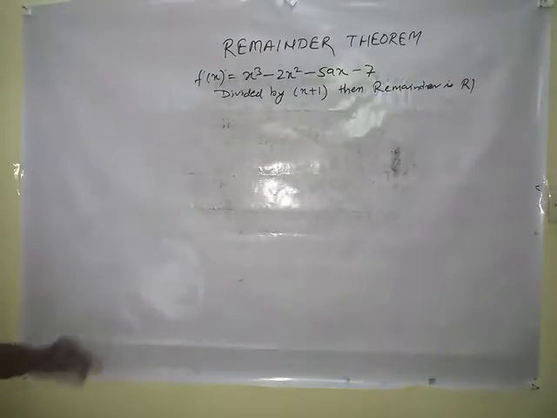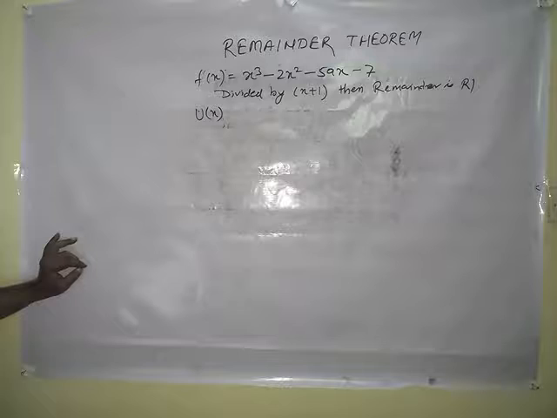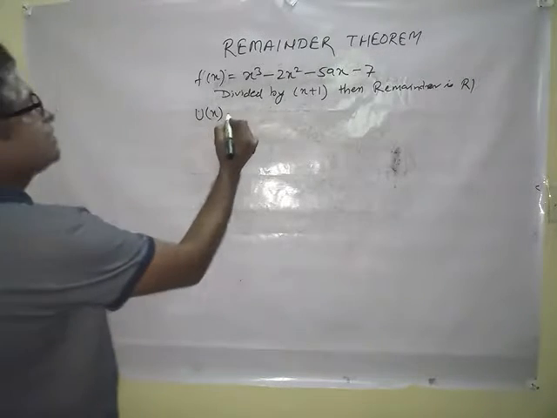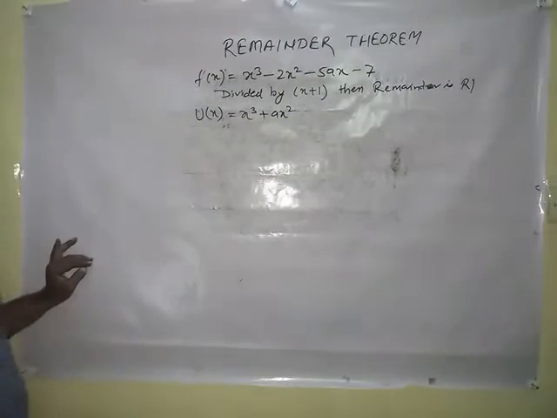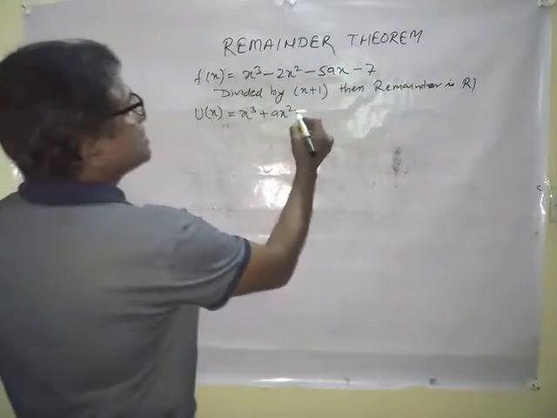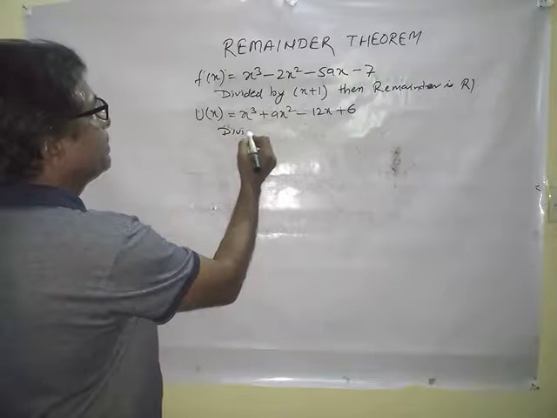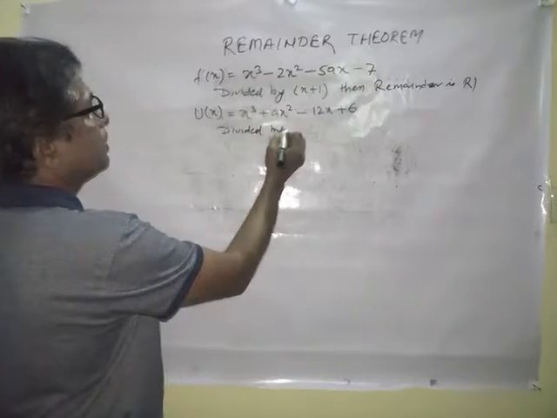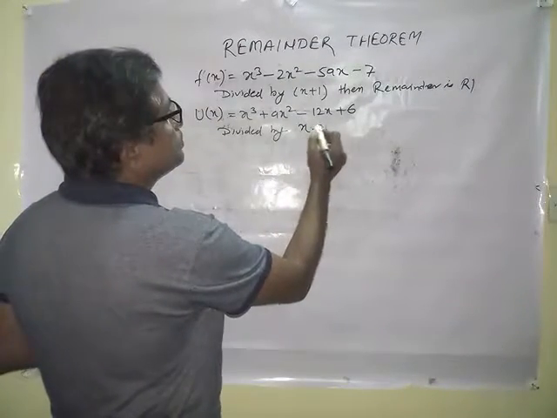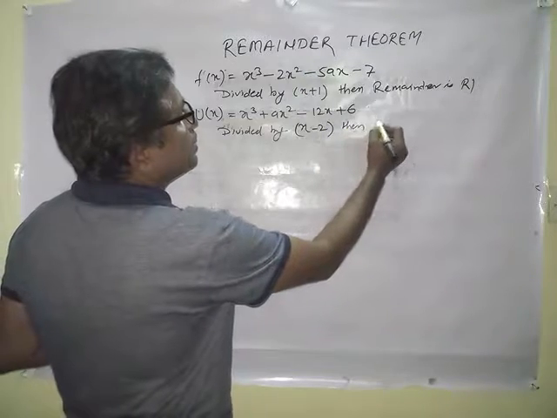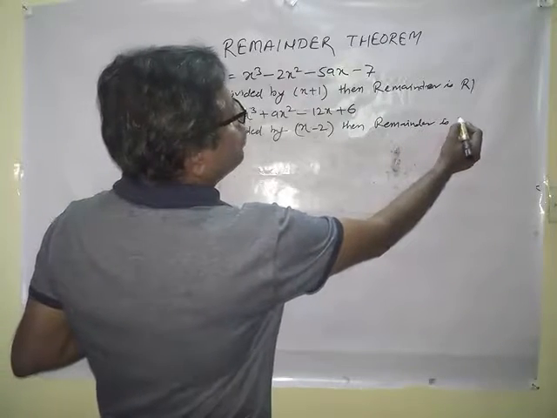This one equation given. Second, u(x) equal to x cube plus ax square minus 12x plus 6 is divided by x minus 2, then remainder is r2.